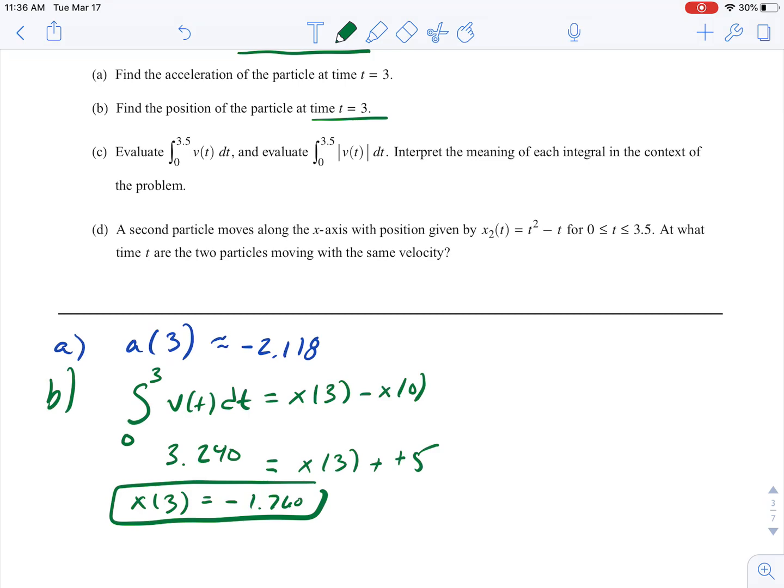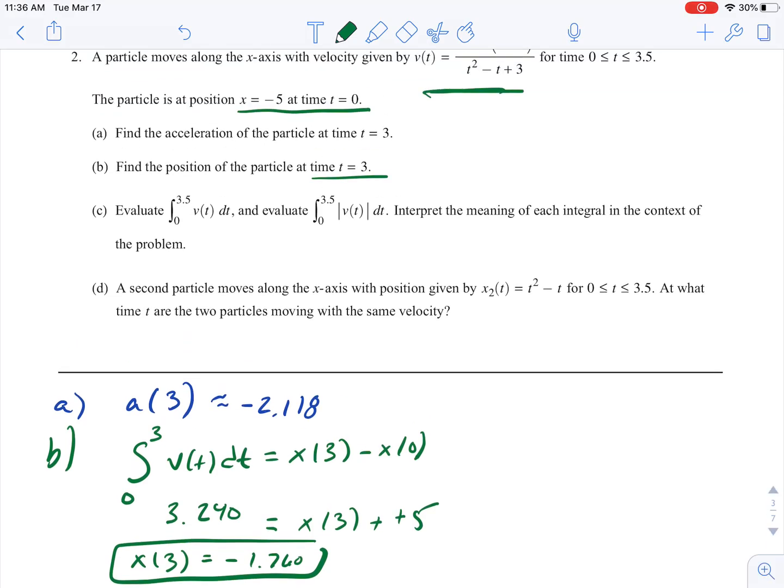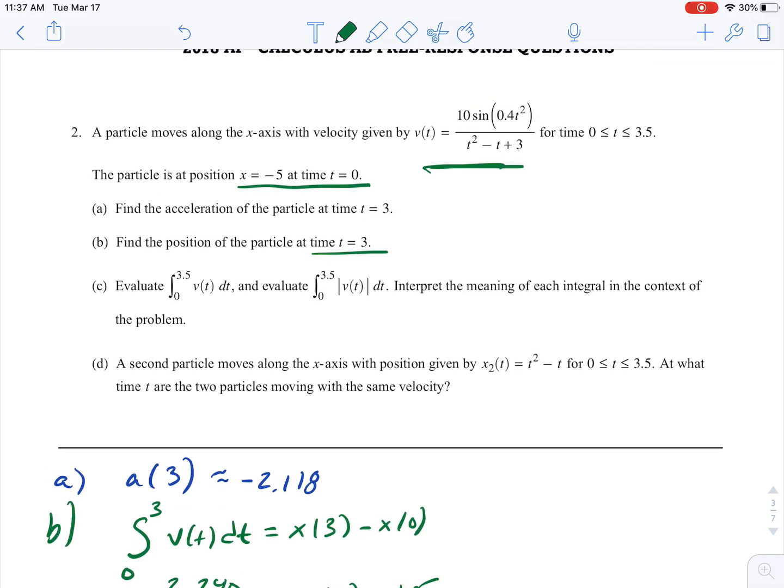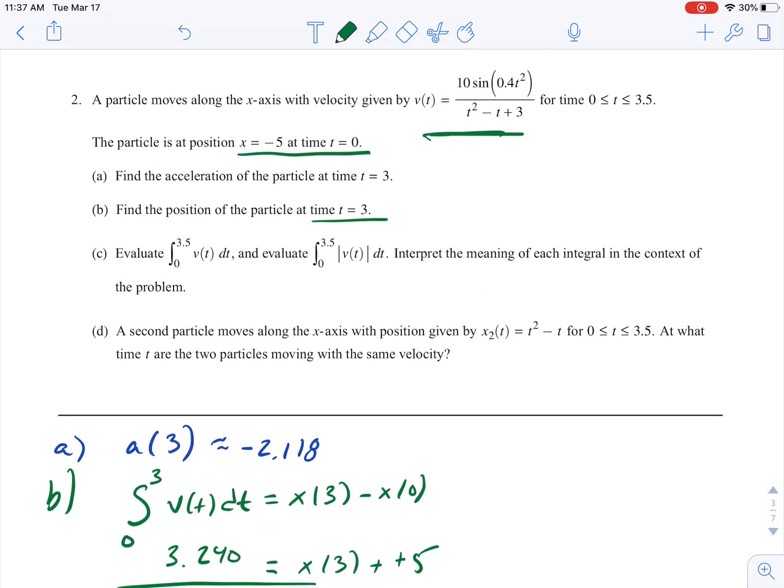Evaluate the integral from 0 to 3.5 of velocity and evaluate the integral from 0 to 3.5 of the absolute value of velocity. Interpret the meaning of each in the context of the problem. Okay, well, right away I can tell you that the difference between the two is that the integral of velocity is just going to be the total displacement, and we don't have any units, so no units to worry about there, but that's going to be the total displacement on the interval 0 to 3.5.